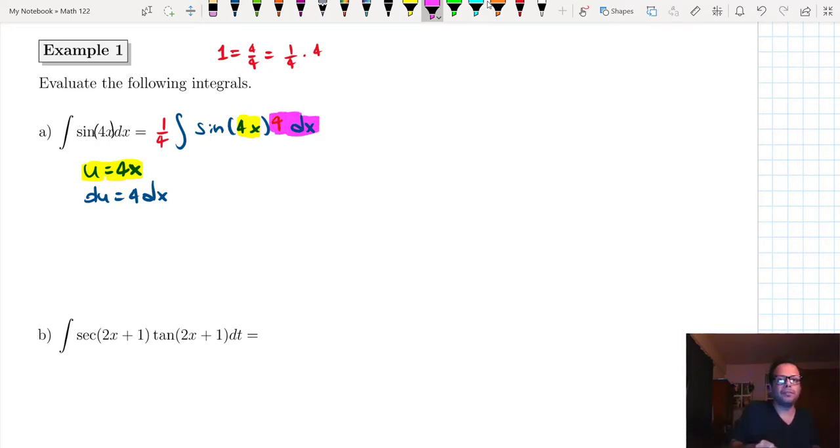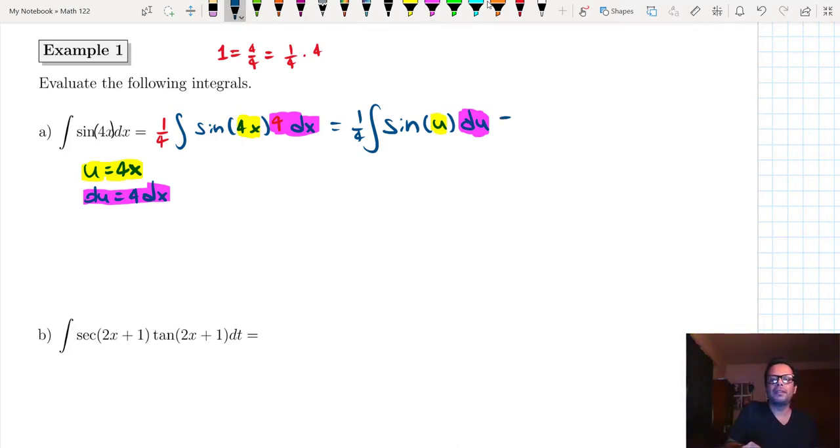So when we do the substitution, we're going to write 1/4 the integral of sine of u, because that's u, times du. Again, let's highlight the corresponding u and du.